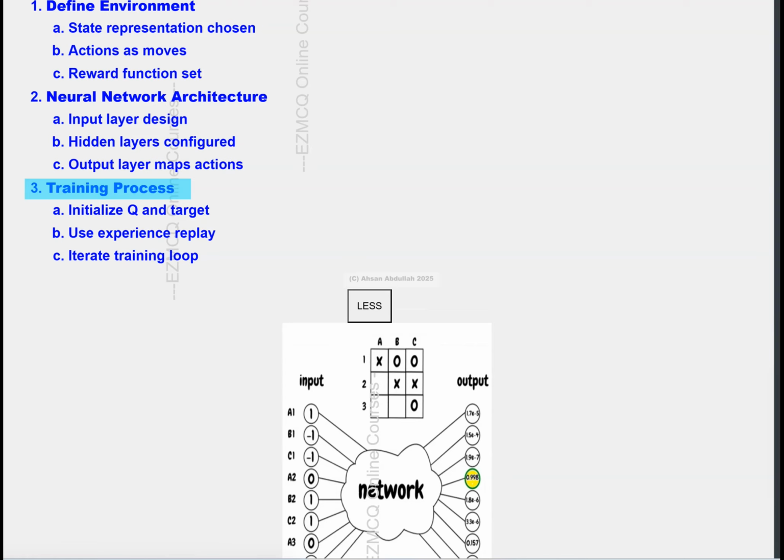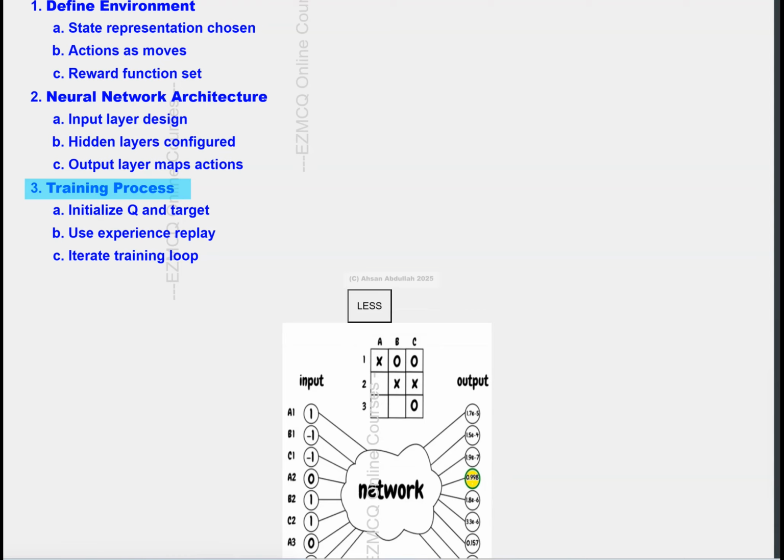And then we have the training loop. What do we do in the training loop? We initialize the game state, and then we select the actions. Actions are which cell we want to go to, and we use the epsilon greedy strategy. What we are trying to do is balance exploration and exploitation.